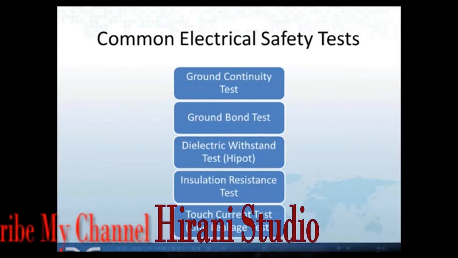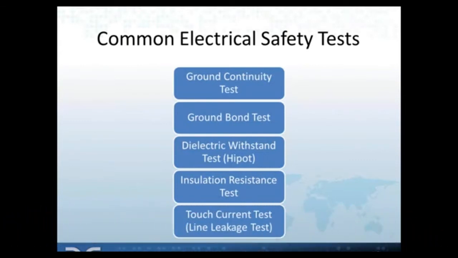We also remember from our last webinar that electrical products have been broken down into two categories for safety testing, Class 1 and Class 2. Once again, this is a review from our previous webinar, but it's important to know before we get into the electrical safety tests.